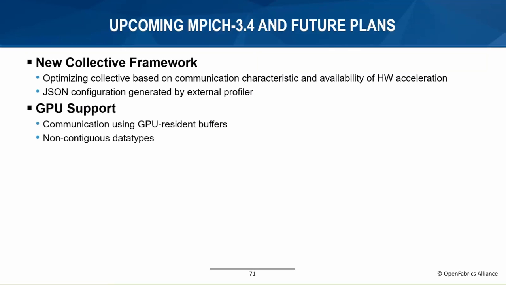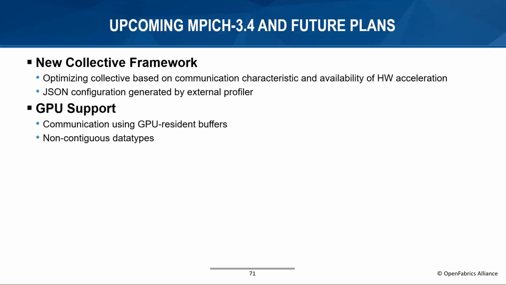Next, the second part is GPU support. Because all the future machines are going to have GPUs, this is a big push from our side to make MPICH support GPUs. A lot of this native support actually comes from the fabric, so we're relying on native support from the fabric in that sense.